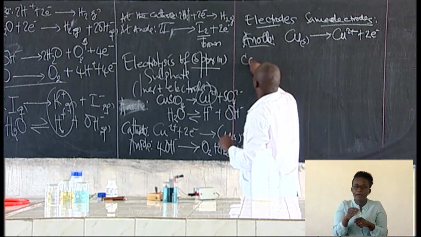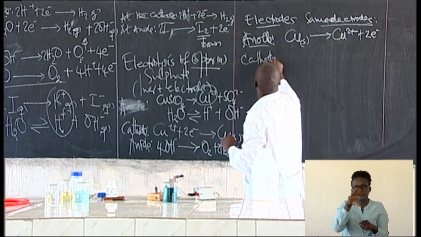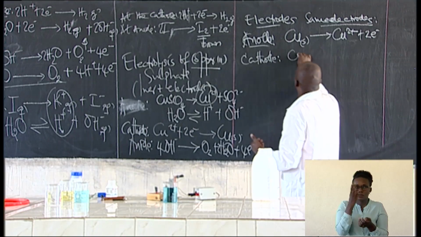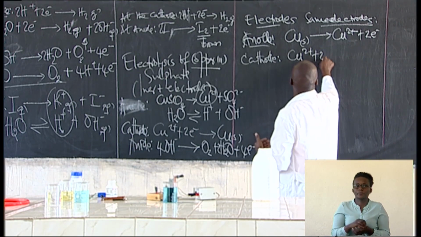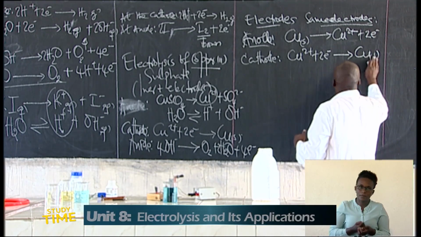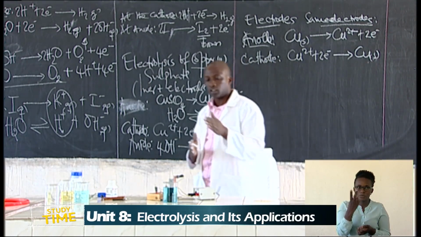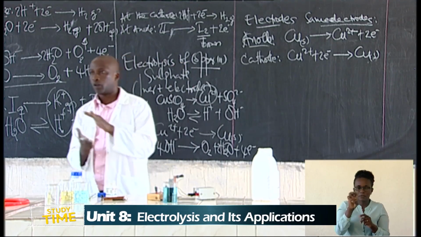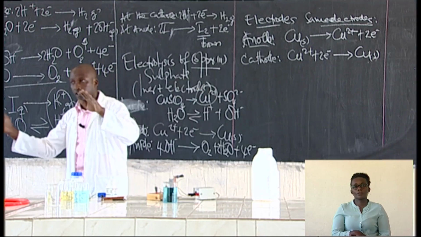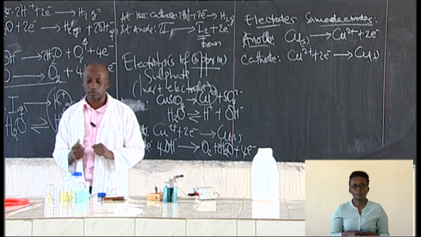And then you have the cathode. What is happening at the cathode? The copper ions that form in the solution are deposited over there, and then it forms the copper. So you have the copper coating the zinc. That is the reaction that is occurring.